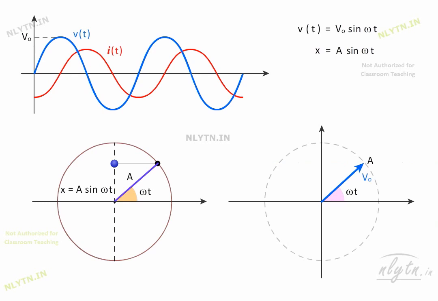Similarly, we can represent alternating voltages as the projection of a vector rotating anticlockwise about origin.